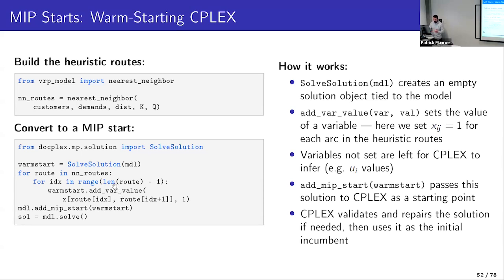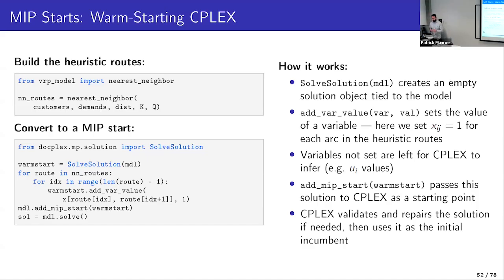You don't have to specify all the values. For example, here I only specify the important ones, the ones that are equal to 1 in the problem, and I don't even specify the arc that comes back to the depot. Even if you don't specify them, CPLEX will try to correct the solution.